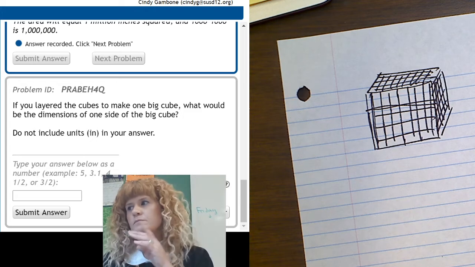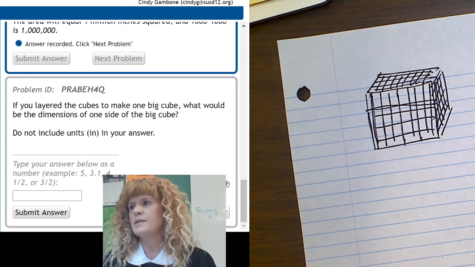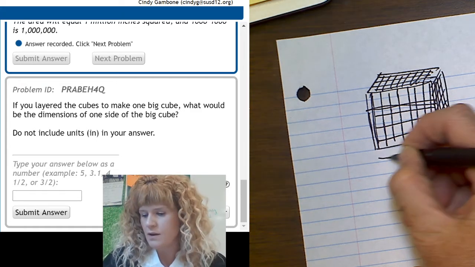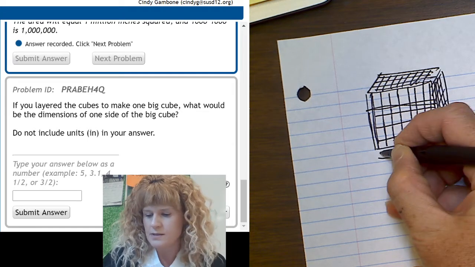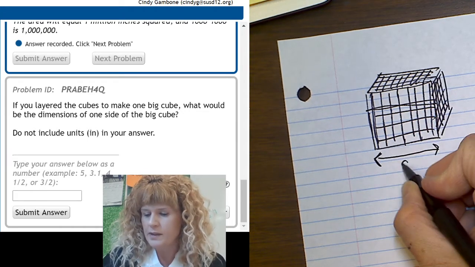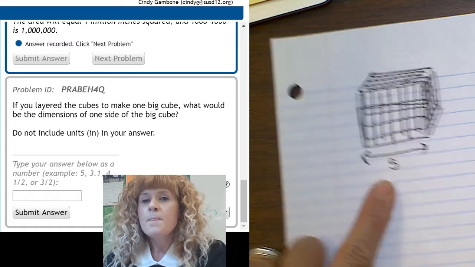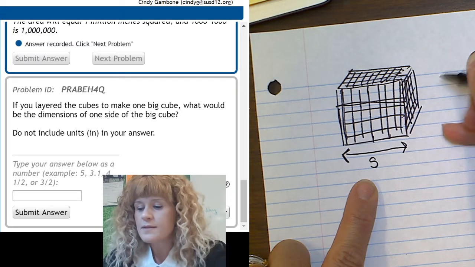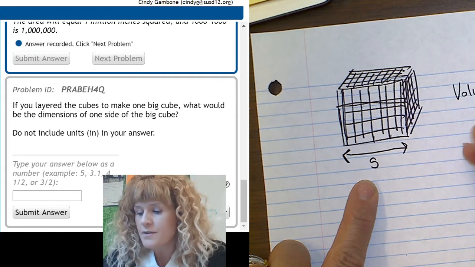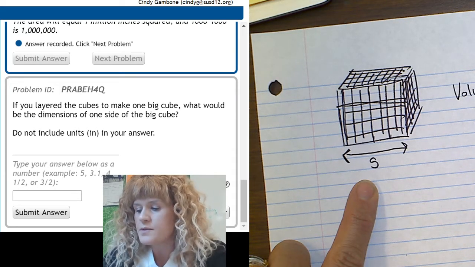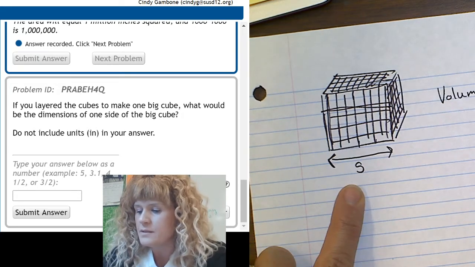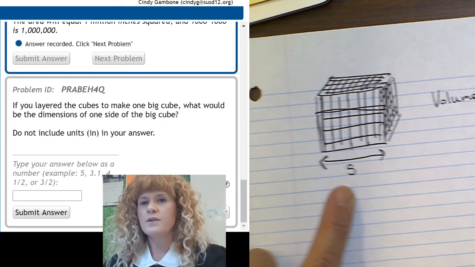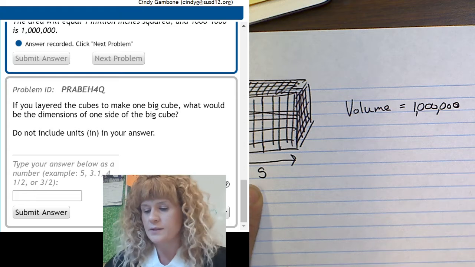Now, it's asking what would be the dimensions of one side. All the sides have the same dimensions, so any side you want, I'm going to label that S. If this is stacked and it's solid with cubes, then I know the volume equals 1 million little cubes.